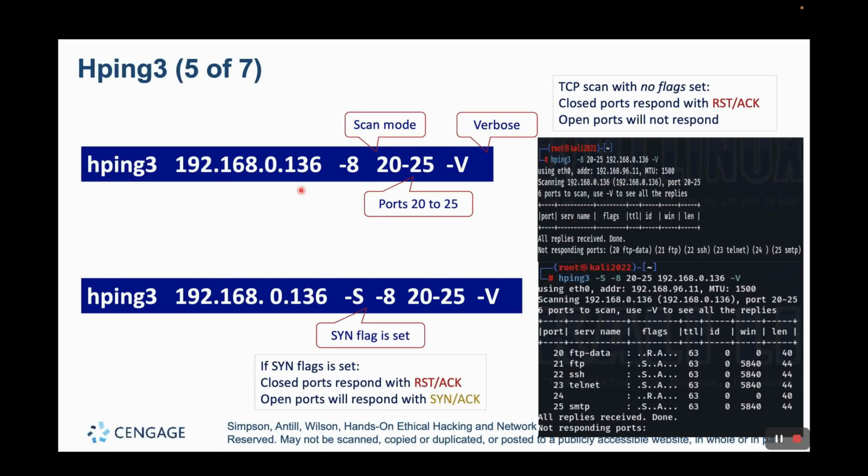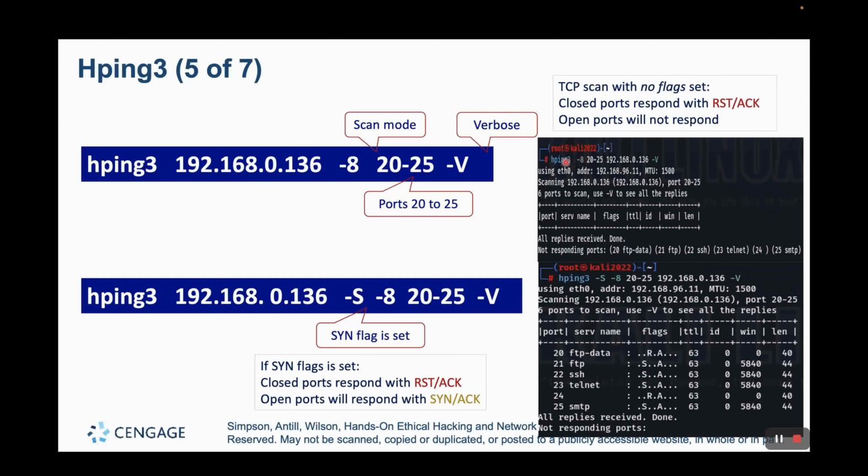Now, here's also another example. hping3 -8, which is basically the scan mode, and that's the port range. So I'm asking hping3 to scan from port 20 to port 25, and we use -V for verbose for more detailed information.